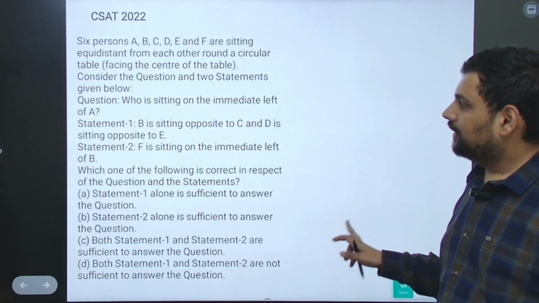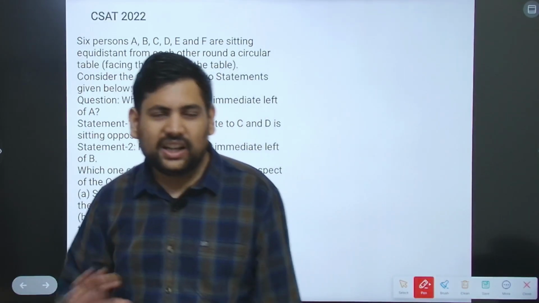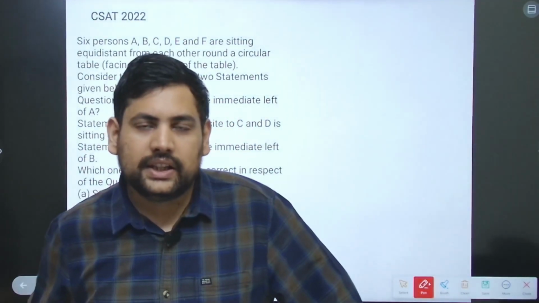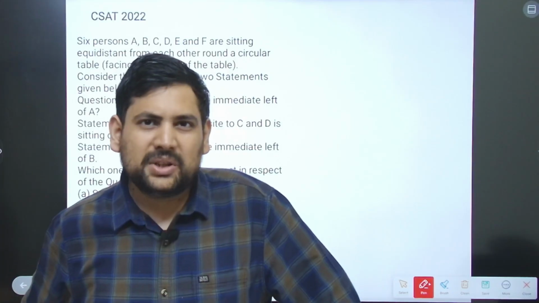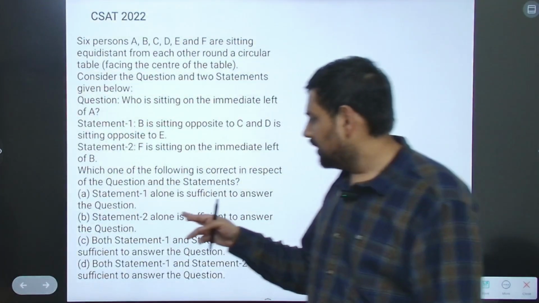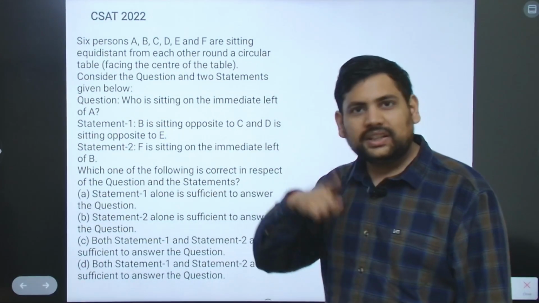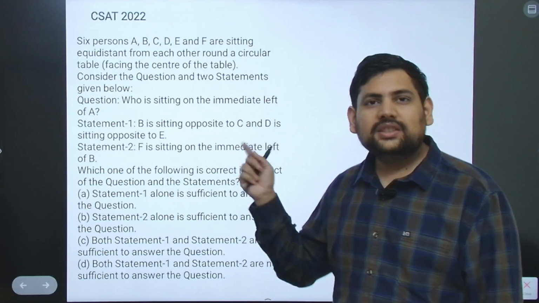Then next is this. Now see, in sitting arrangement questions, one trick I can tell you is that one statement alone, two statements like that, they won't work. That's why the options are also like that. Statement one alone is sufficient to answer the question very rarely, because you are doing the entire sitting arrangement in one sentence.